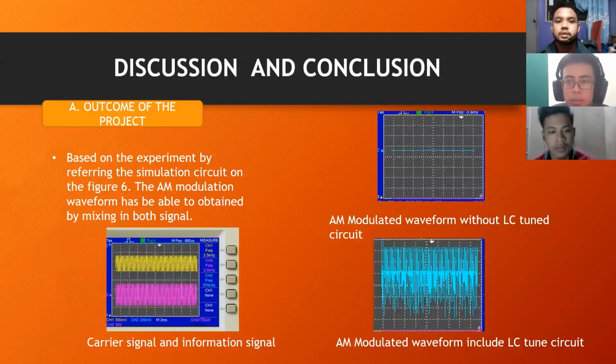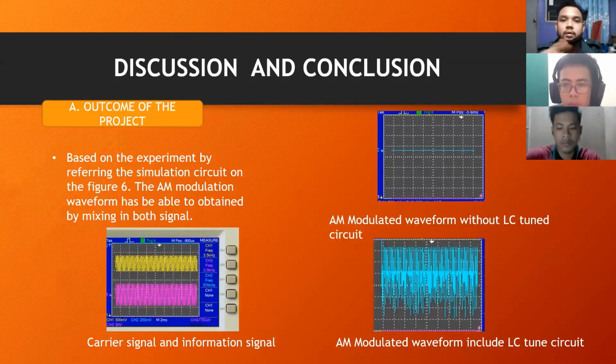For the discussion and conclusion, we got the carrier signal and information signal at 3.5 kilohertz, and both signals are the same, but it may be wrong or right, because the frequency may be higher or lower, different from our report, because of Multisim or our mistake in doing the wrong circuit, or maybe not.